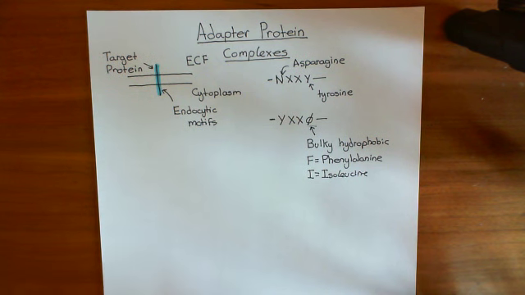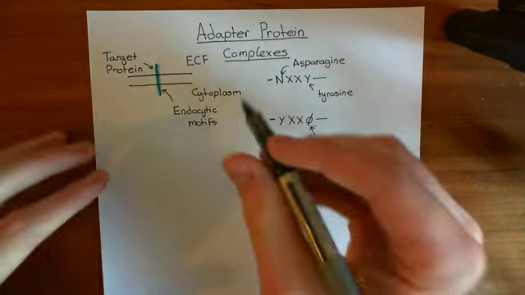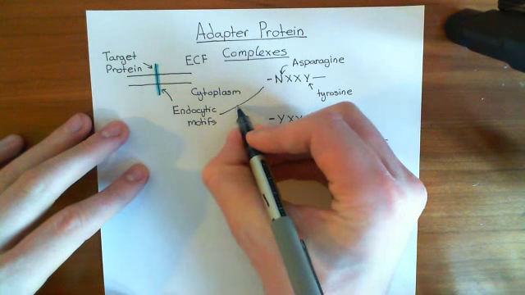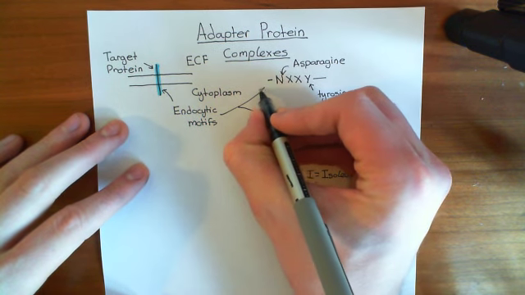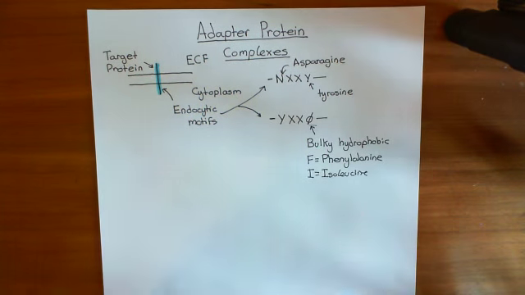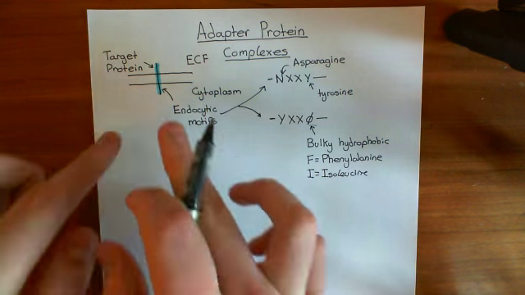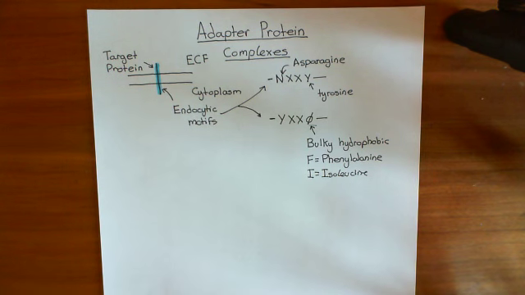Well, there are protein complexes which recognize these endocytic motifs. Let me draw arrows to these endocytic motifs, which recognize them and will bind to them, and then when that adapter protein complex binds to that endocytic motif, it will recruit other proteins which are involved in the endocytosis of this protein.